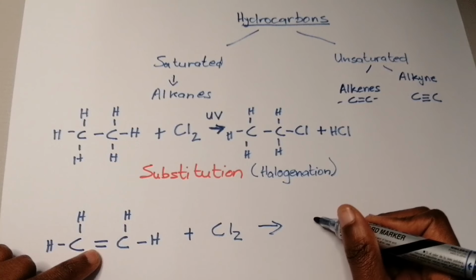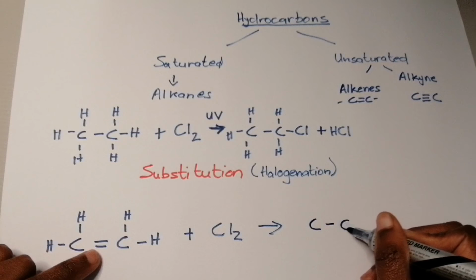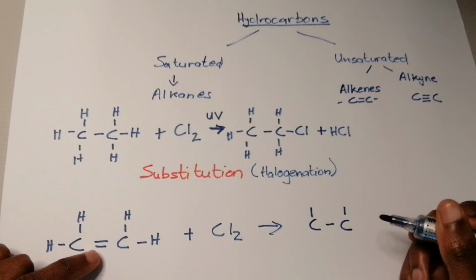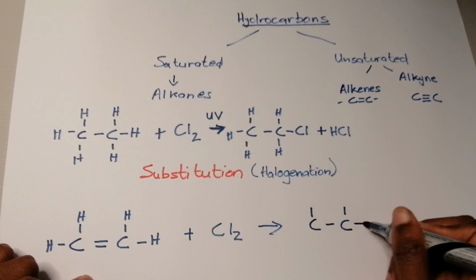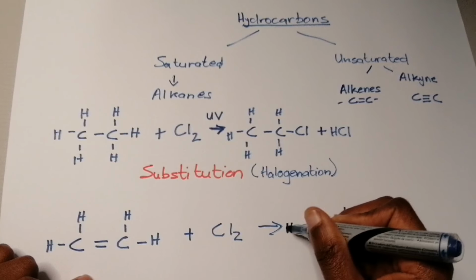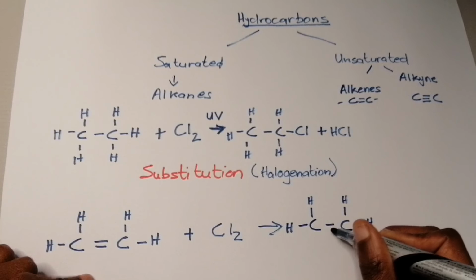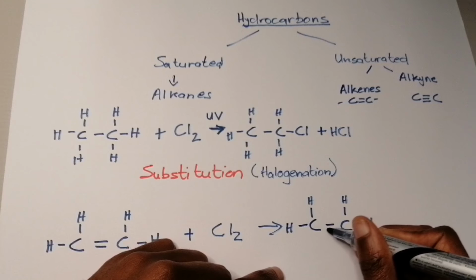So now by the way, these tend to occur more spontaneously. So in this case we say, all right, so this is what we have. So note, we broke the double bond.